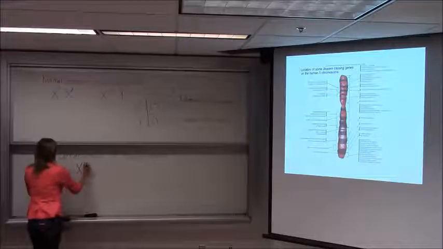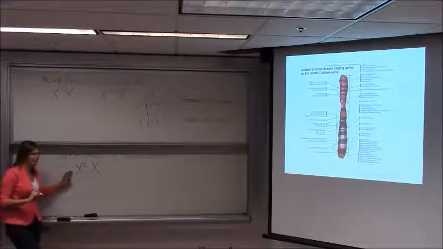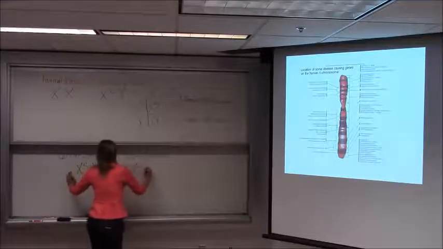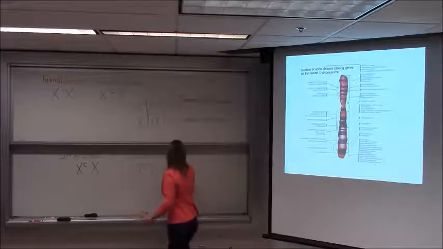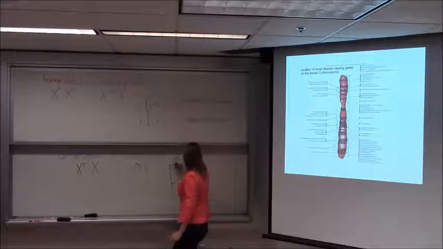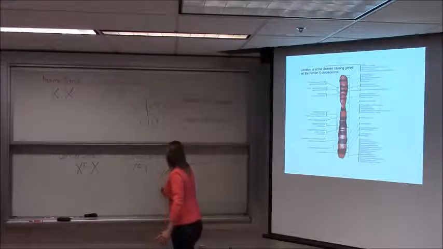She's going to have one X that's normal and one with a colorblind allele. Remember, no such thing as a carrier male. He either has the disease or he doesn't. So there's our colorblind male. Mom, dad.